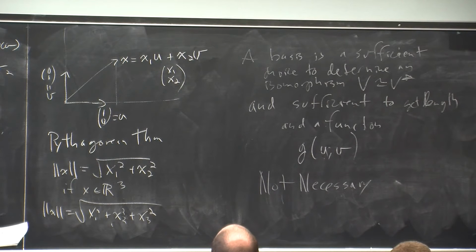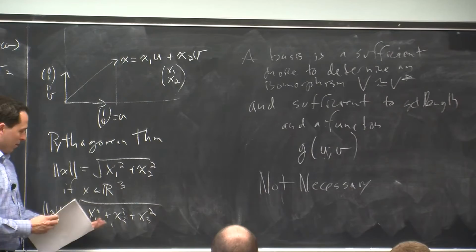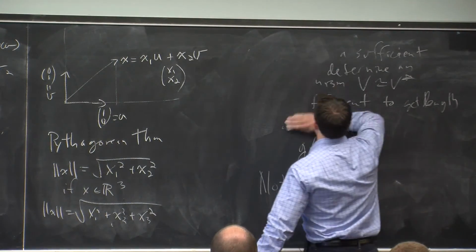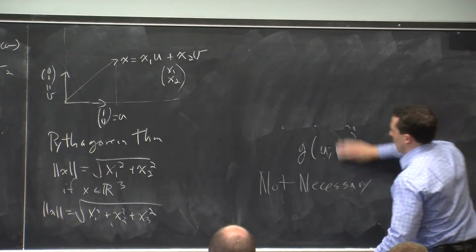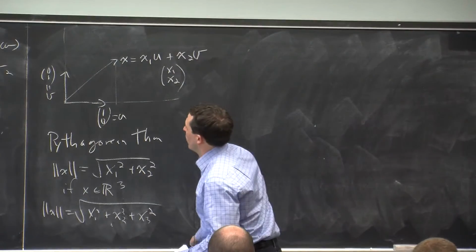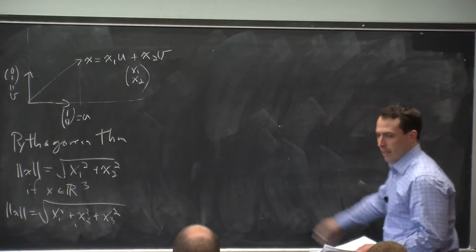Okay, so we wanted something that was as linear as possible in both arguments. So this doesn't look like a linear function. There's squares and square roots. So we have to change it around a little bit to get something that at least has the possibility of being linear in its arguments. And then we want this function of length to be where you plug in the same vector twice on both sides.